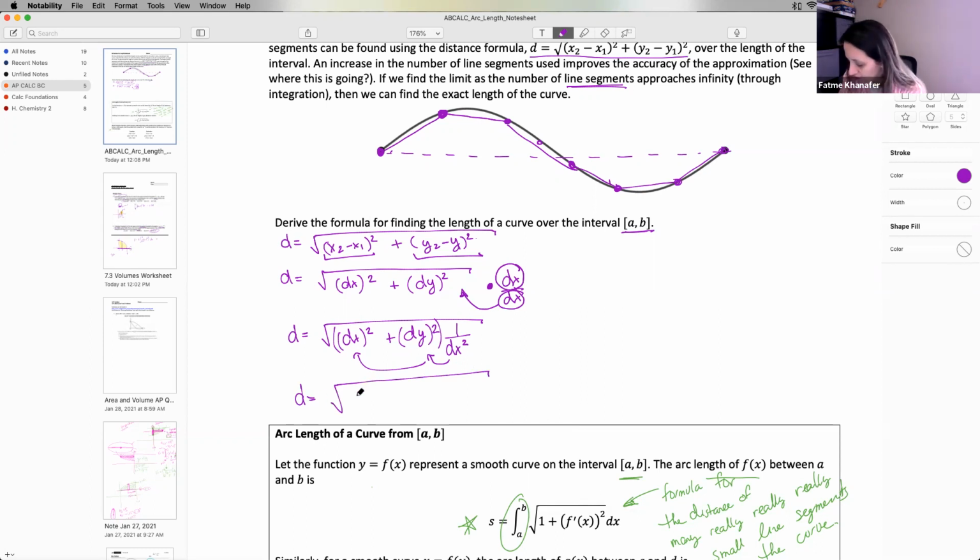Okay. And that way we end up with dx squared over dx squared plus dy squared over dx squared, and then times dx on the top.